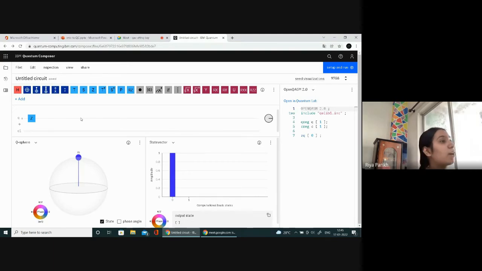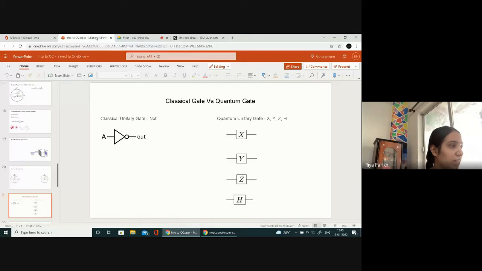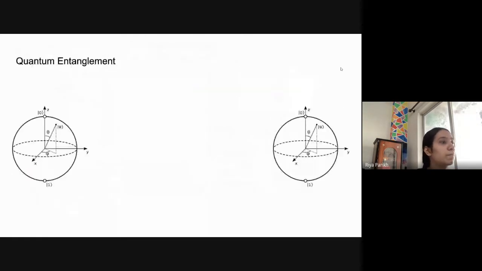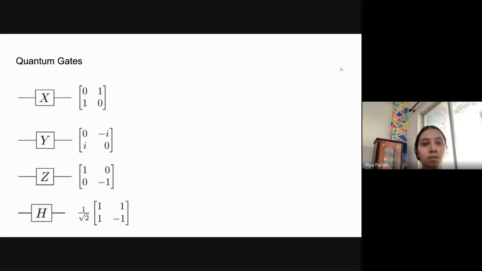Now let's see how the gates are represented in matrices. We saw earlier that 0 can be represented as [1 0] and 1 can be represented as [0 1], the matrix notation for our qubit states. When we apply the X gate, it's simple matrix multiplication, X applied to the qubit 0.